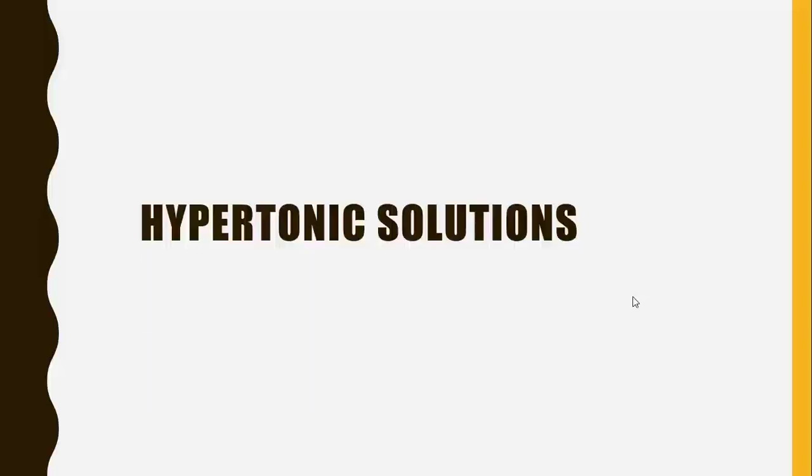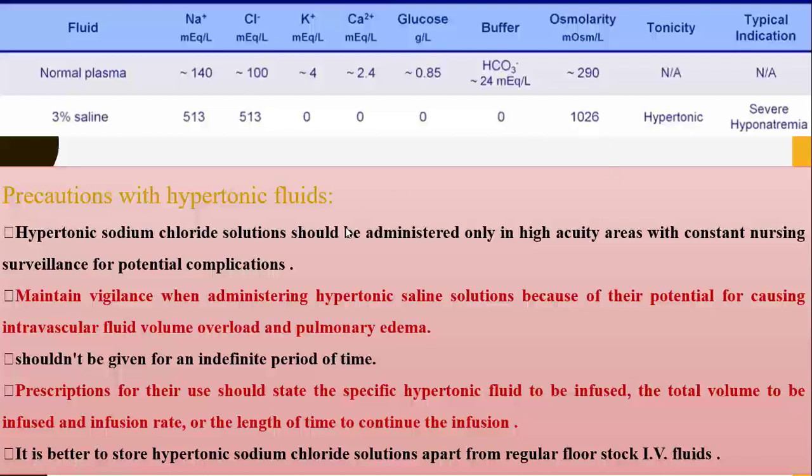Let's skip to the hypertonic solutions. We have the triple strength saline. We see here the sodium content and the chloride content, and sure the osmolarity is very high, triple the osmolarity of the plasma. From the physiological background, the compartment of distribution of the hypertonic saline will be the extracellular space.